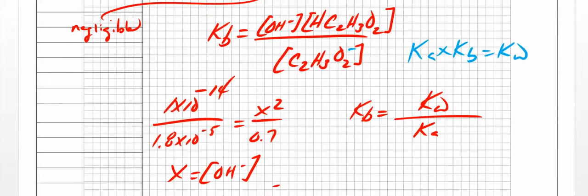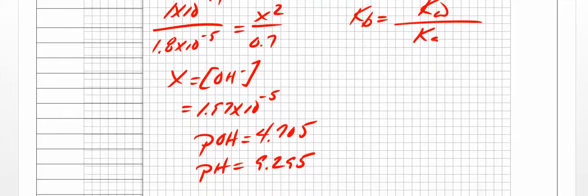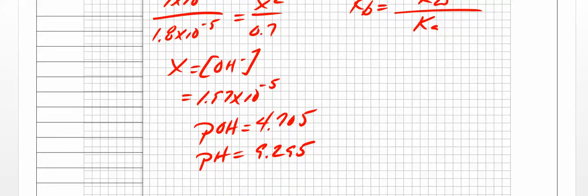All right, so now I'm going to solve for my x. Now remember, my x is my OH minus concentration, and so if I do the math, I get this number, 1.97 times 10 to the minus 5. Okay, make sure you get that number. So I took the 0.7, pulled it up, did the necessary division, then took the square root. I get 1.97 times 10 to the minus 5.